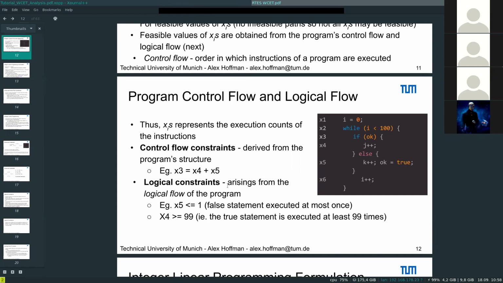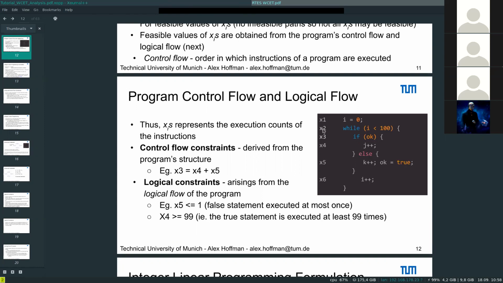So a logical constraint would be, for instance, this X5 can be executed at most once. So X5, which is the execution count of block 5, would be less than or equal to 1. Therefore, as you can imagine, X4, the other branch, would get executed at minimum 99 times.